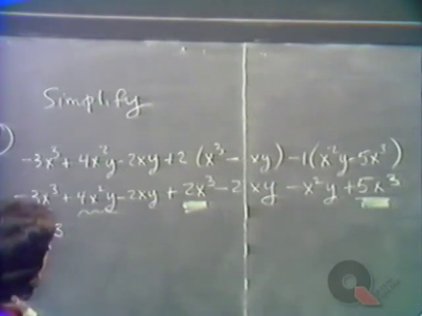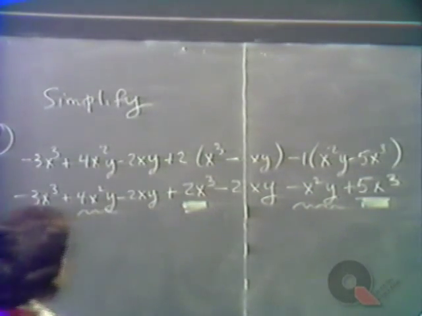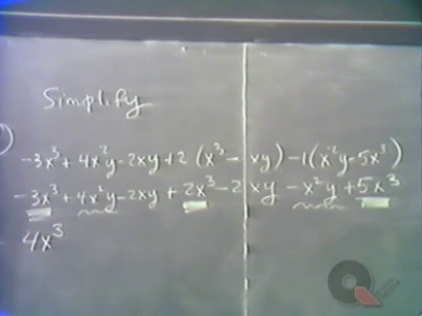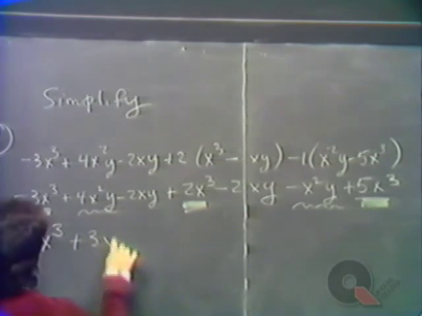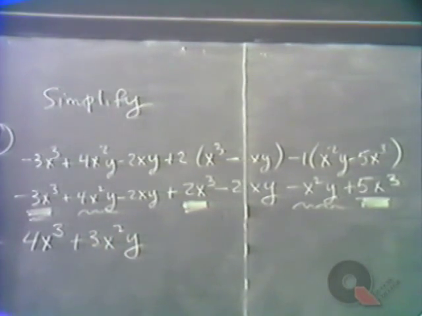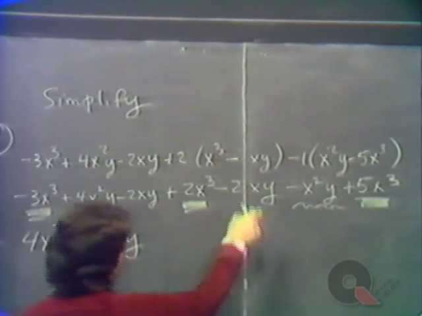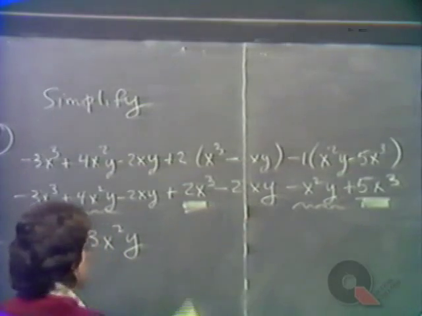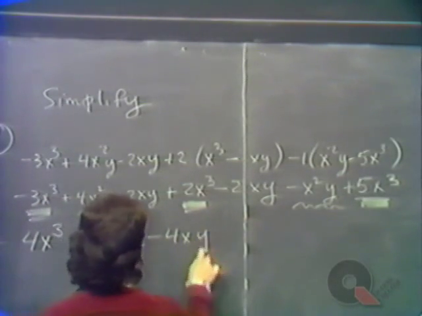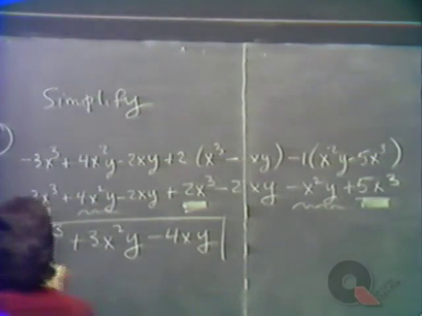We have a 4x squared y there, and a minus x squared y there. Combining those, plus 4x squared y minus 1x squared y for plus 3x squared y. And then we have two terms, both involving xy, minus 2xy and a minus 2xy, combining to minus 4xy. Like so.